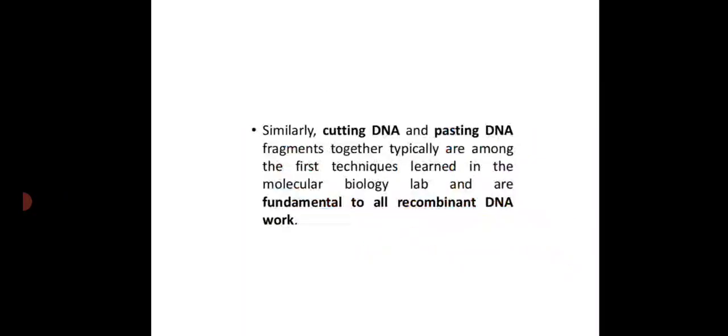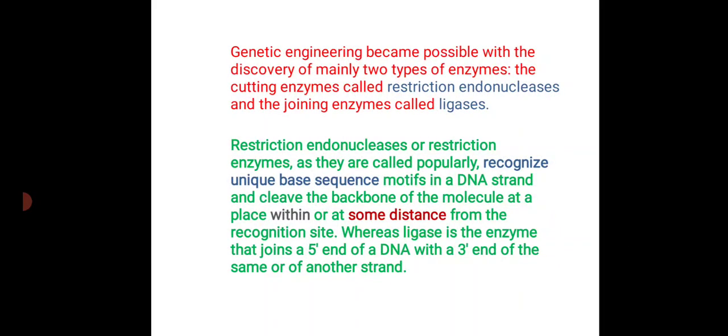Cutting and pasting are two of the first skills children learn, isn't it? And the tools they use are scissors and glue. Similarly, cutting DNA and pasting DNA fragments together are typically among the first techniques learned in the molecular biology lab and are fundamental to all recombinant DNA work.